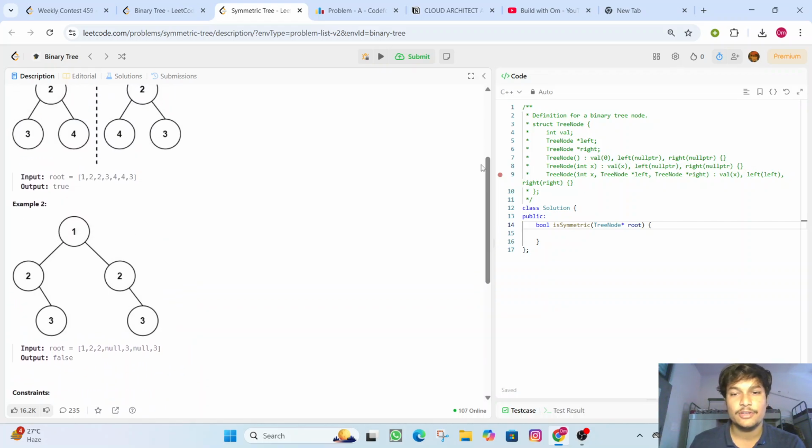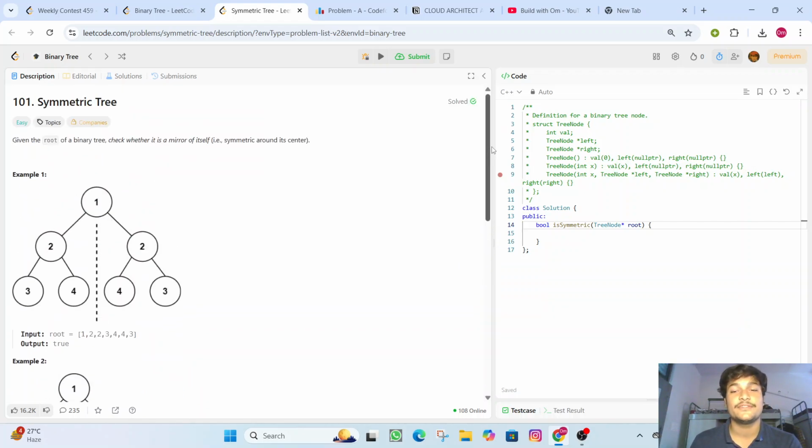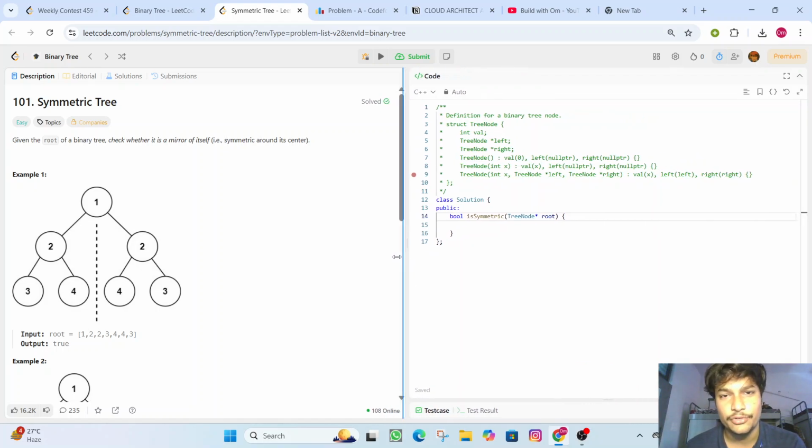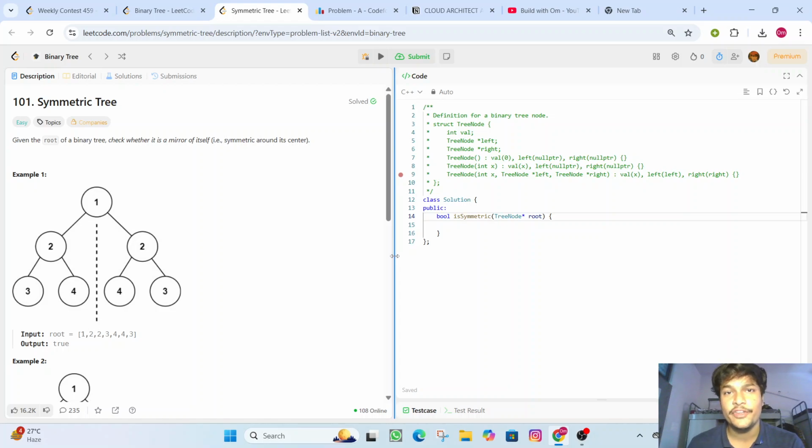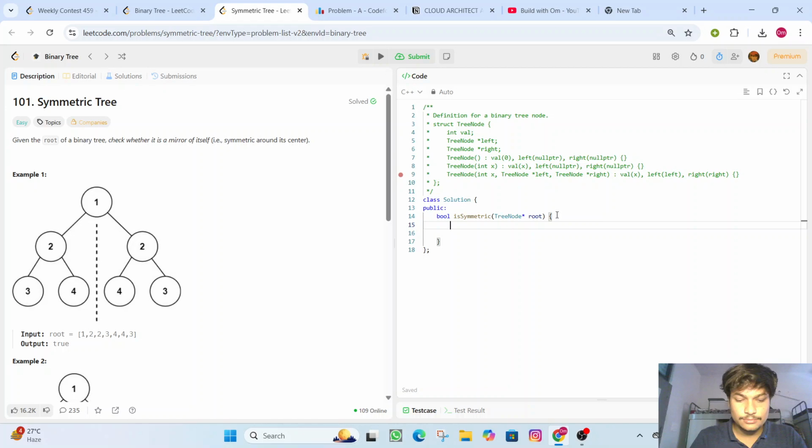We also have to understand a base case for this question, because if you have no node present in your tree, then we can say that this is also symmetrical. Yes, it is possible. Let's write the base case of this question.